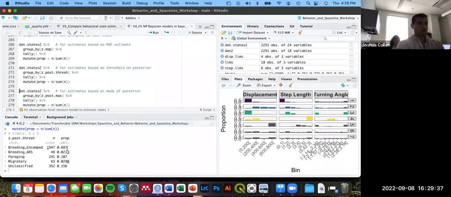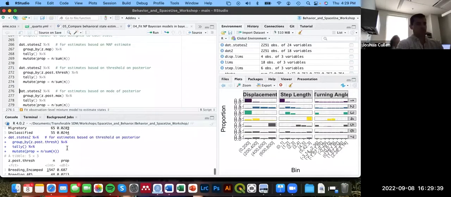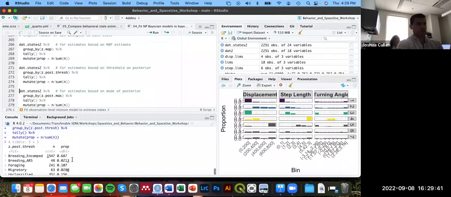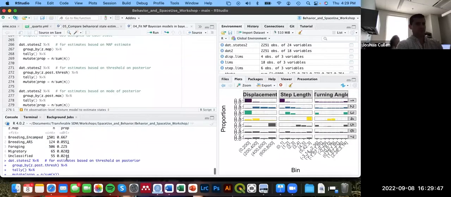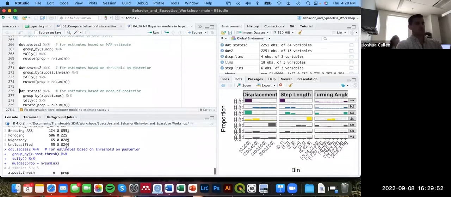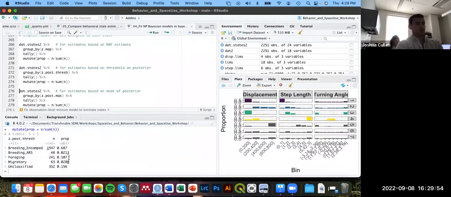But breeding encamped is almost in the same proportion. Breeding ARS is slightly lower because we probably lost some observations that were labeled as unclassified. Foraging is now about 10%, whereas previously it was about 23%. So that also lost a lot. But then migratory stays the same because it's highly confident about these migratory behaviors.